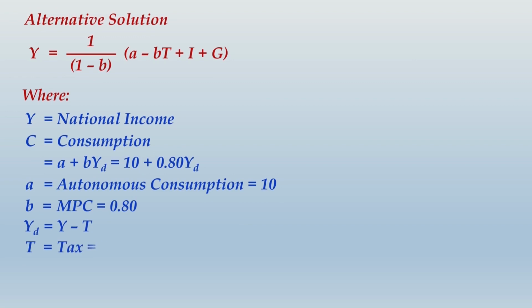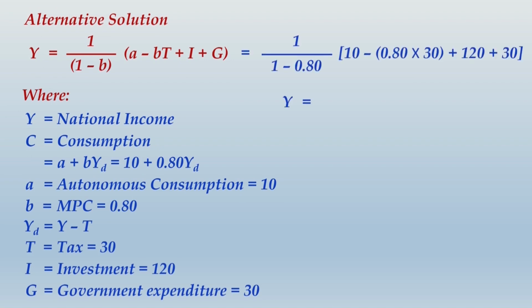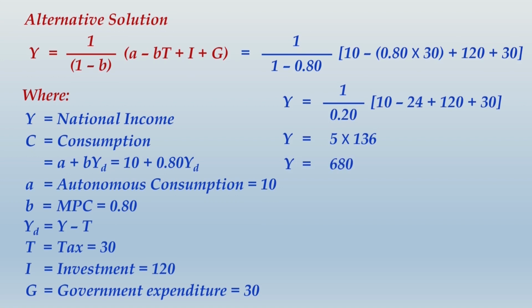And once you do that variable defining task, you can start substituting values of each of these variables in the main equation, and you get to know that eventually you will be landing up at the same calculation, that is y equals 680. It's just the alternate way of presenting the solution. So you can choose any one way, whichever is convenient and comfortable to you. There is no need to present the solution 2 times in your examination. Whichever way is convenient for you, follow that.